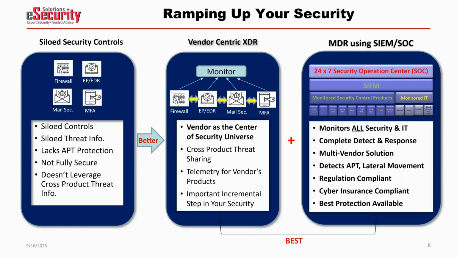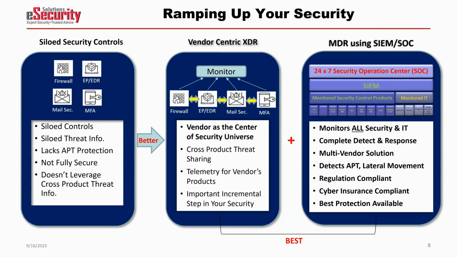Just another way to look at that is siloed security on the left is your basic core, right? That's what you can offer. It's what we were able to offer 10 years ago. Now we want to make decisions, presumably, because if you have XDR, you have more centralized monitoring, detection, and response. You can all see it, not just monitoring and management, but also you can see the threats. You can respond maybe in a proactive, interactive way and remediate.